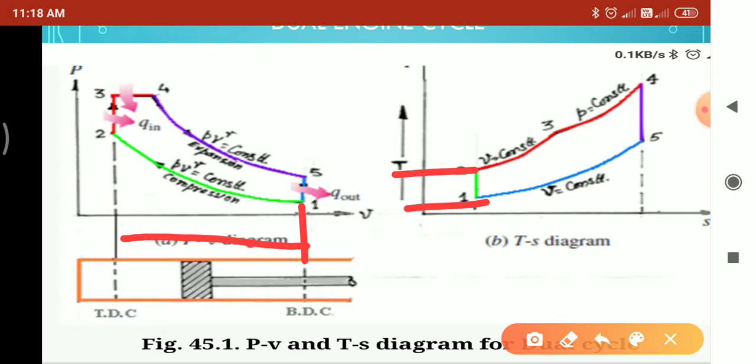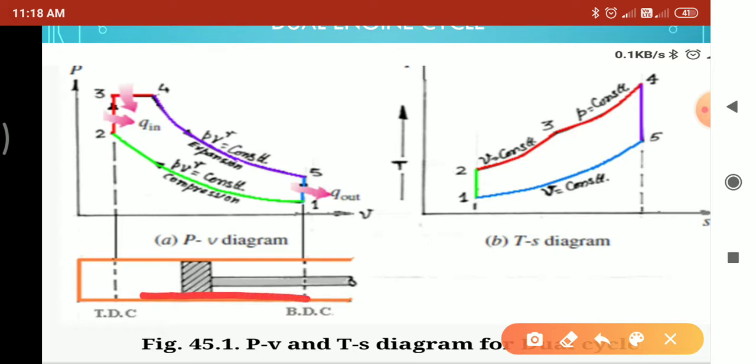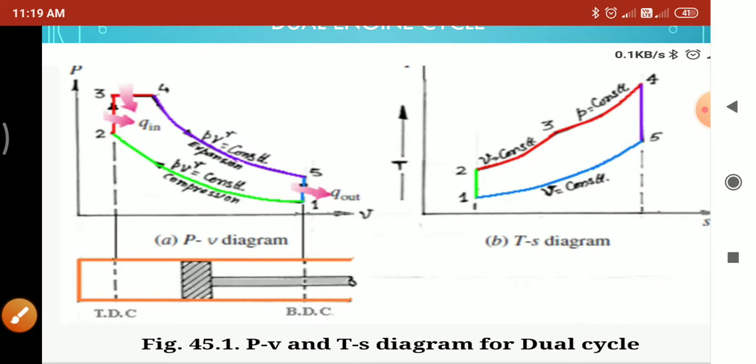Now what will happen in process number 1? In this process, the piston moves from BDC to TDC, meaning volume decreases, so the air becomes compressed. Temperature increases from T1 to T2, pressure increases from P1 to P2, and volume decreases from V1 to V2.